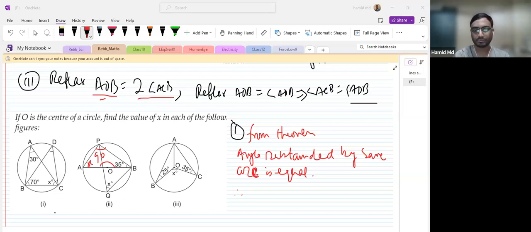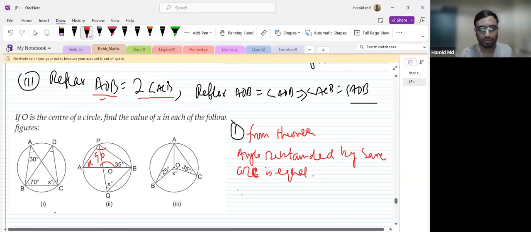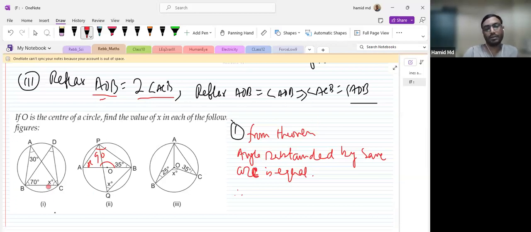Before that, let me solve the first question for you. We already learned that the angles subtended by the same arc are always equal. So if this is 30 degrees, this will also be 30 degrees, right?